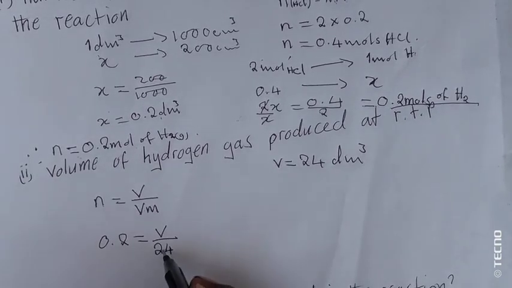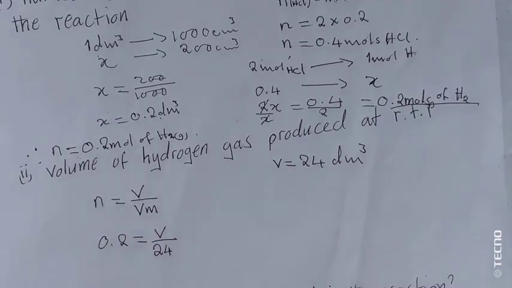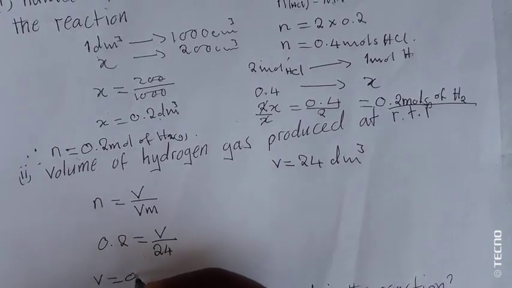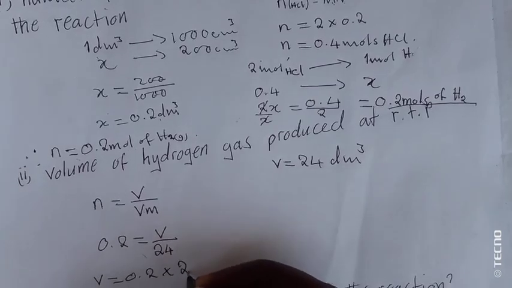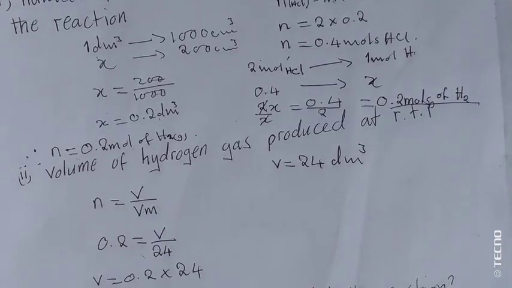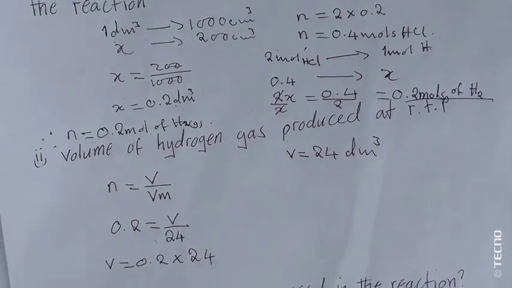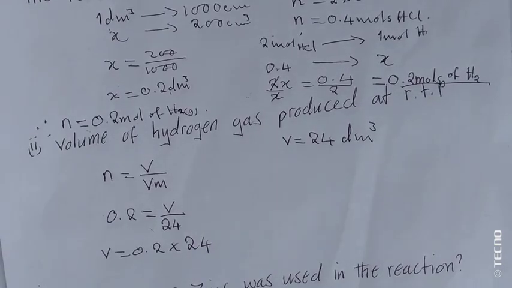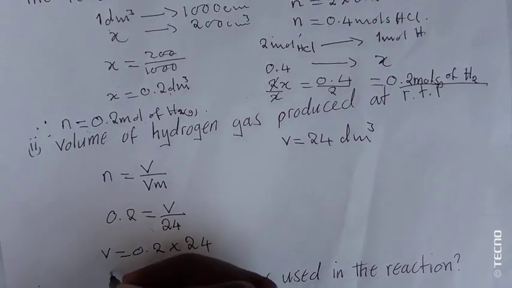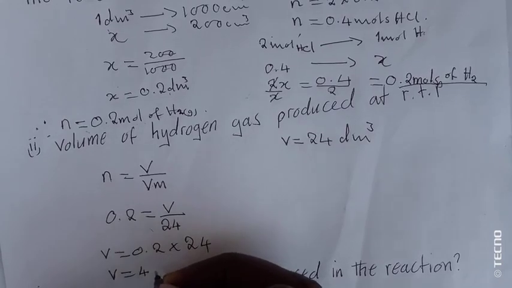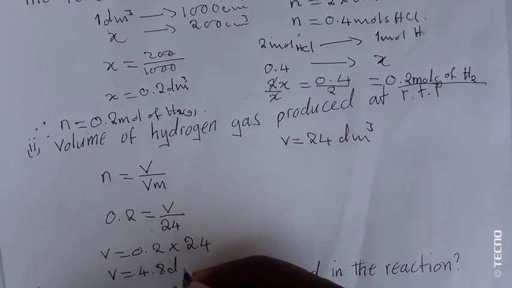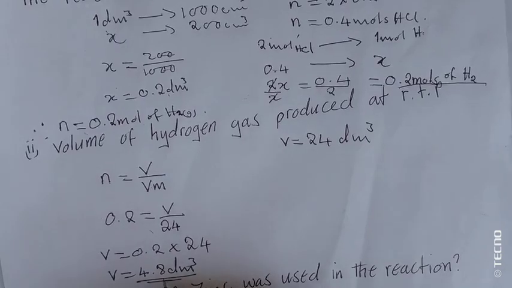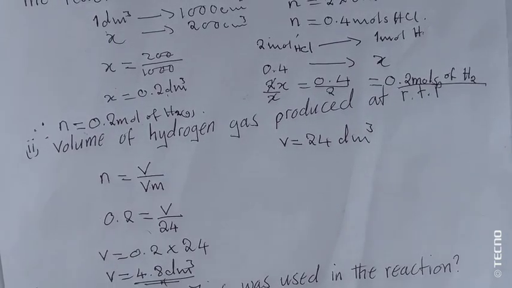So when you multiply this and this, you say V is equal to 0.2 times 24. So V is equal to 4.8 decimeter cube. So this is the volume of this hydrogen gas at RTP.